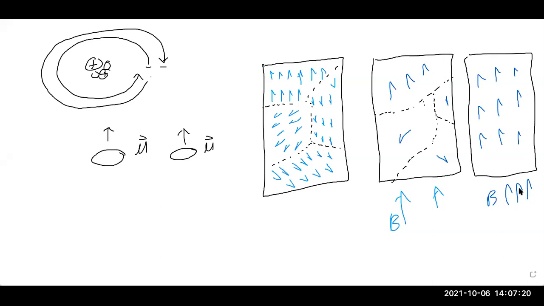So this is a so-called permanent magnet. If you took away the magnetic field, the alignment of the domains often persists, at least partially.